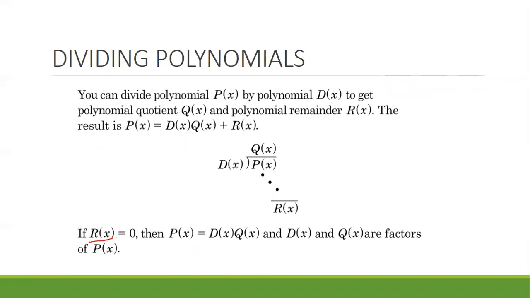If your remainder equals 0, then there isn't a remainder, and your divisor and your quotient are factors of your polynomial.